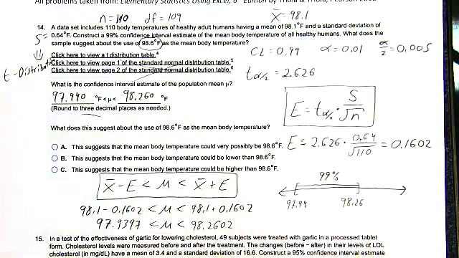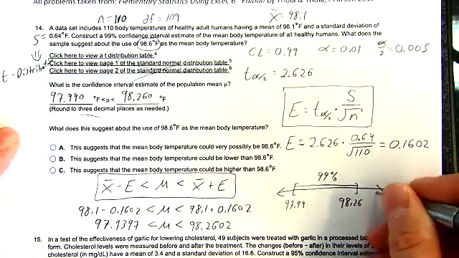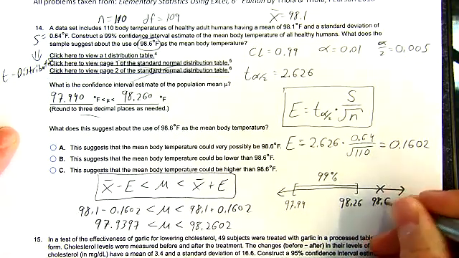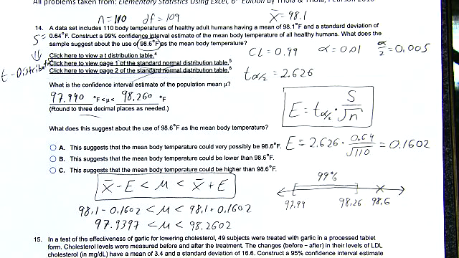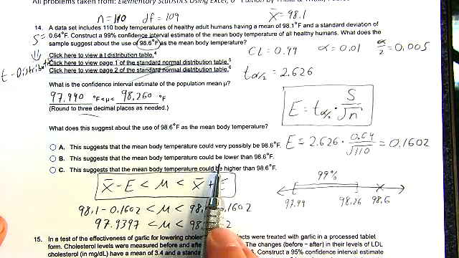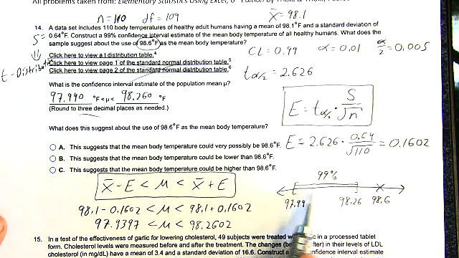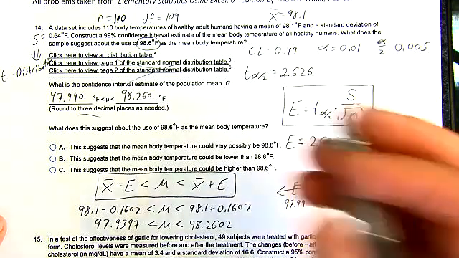Where's 98.6? That's not even in this interval. Notice it's quite a bit bigger than 98.2. It's somewhere over here. So this is strong evidence that the mean body temperature is lower than 98.6, because the entire interval is lower than it.